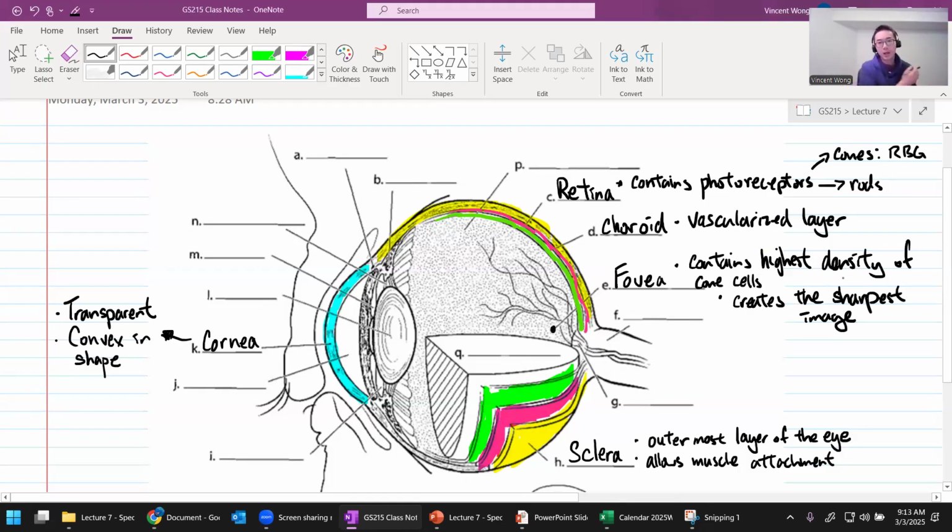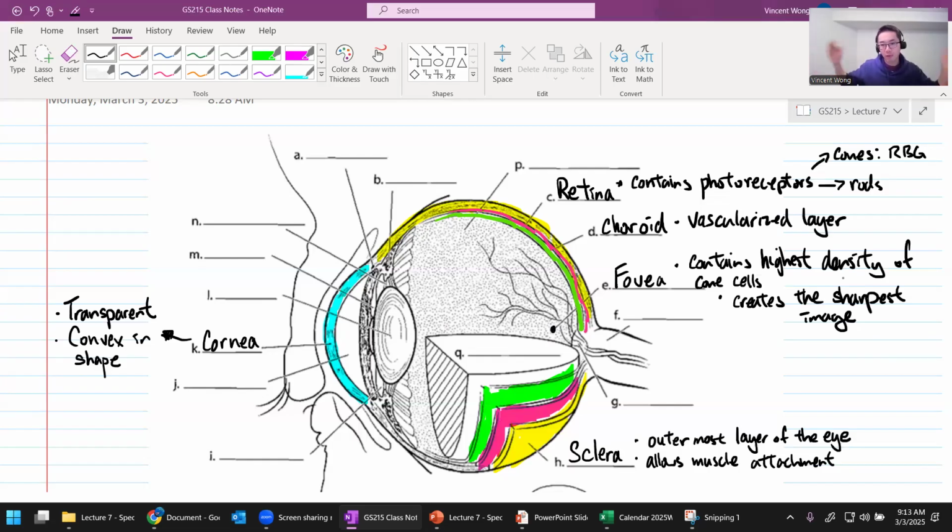Whatever you're focusing on, and in this case, if you're focusing on the writings I created on the screen, that is going to be projected onto your fovea. Everything else is going to be part of your peripheral vision, and you don't have details about the peripheral vision.